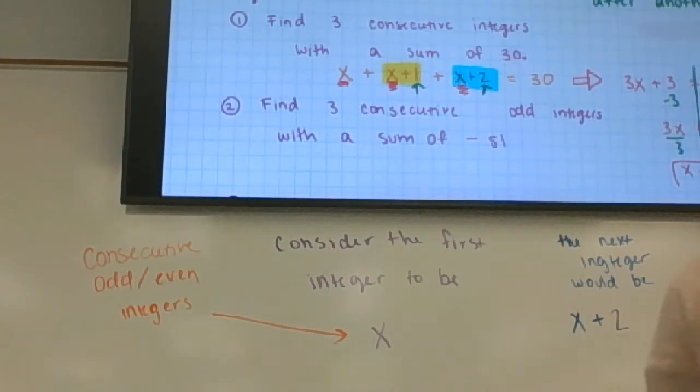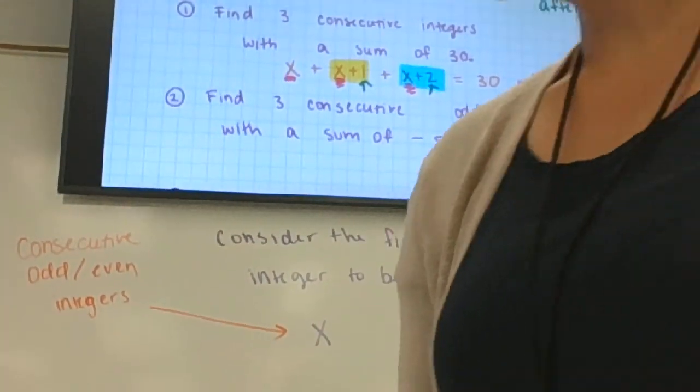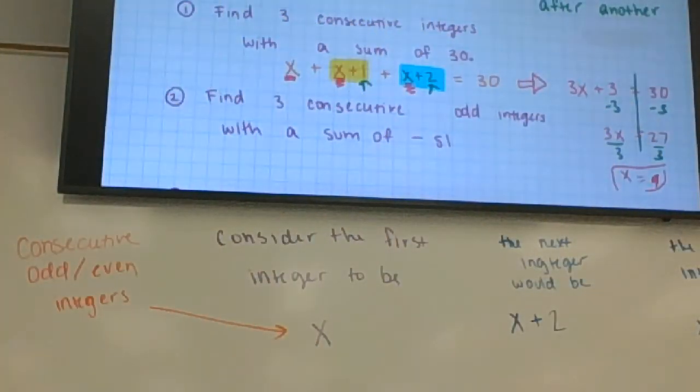Using x? You could just do positive and then make them all negative, I think. 3 odd numbers is going to be negative 51. 13, 15, 17.